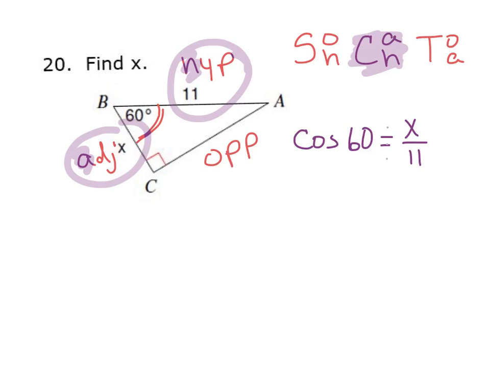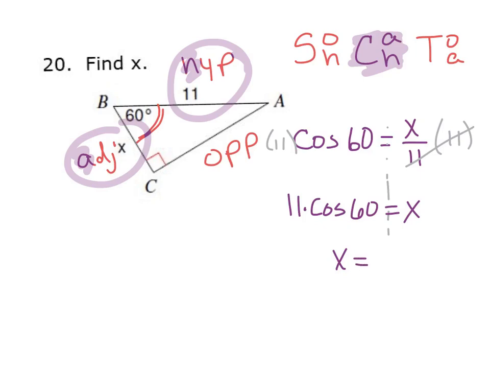Once again, we need the x by itself, so we multiply both sides by 11. This makes the 11's on the right cancel out. So I now have 11 times cosine of 60 equals my x value. Type that into your calculator. And for those of you who are using your special rights, you already know your answer.